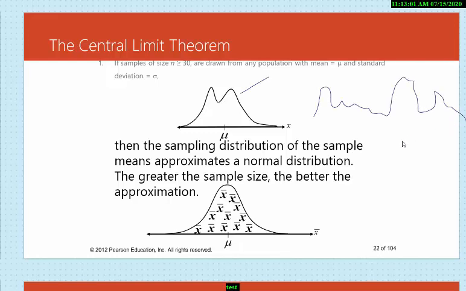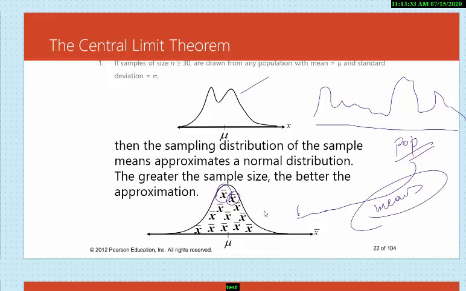The whole point is that if you start with a population, and it looks like that, then if you take a sampling distribution, meaning from the population you take samples, all of them, of a specific size, 15, and you consider the means of these, then the sampling distribution of those means is going to follow what? The normal distribution. It's going to be normally distributed.